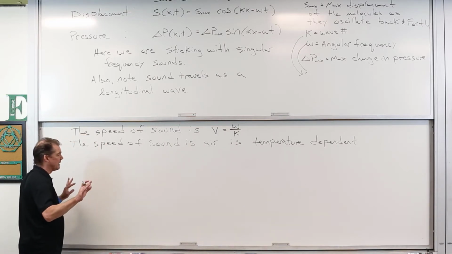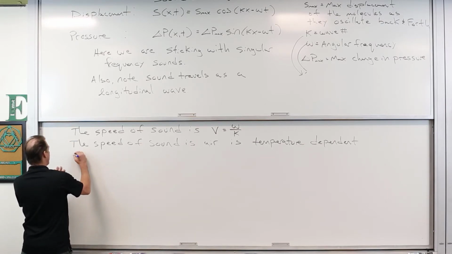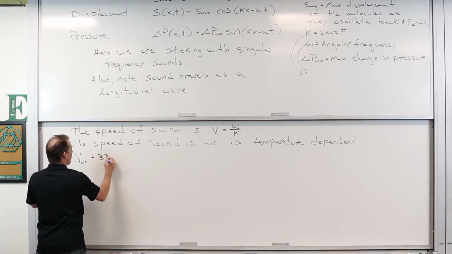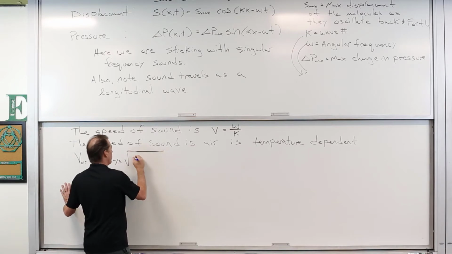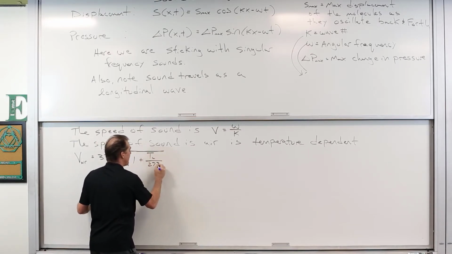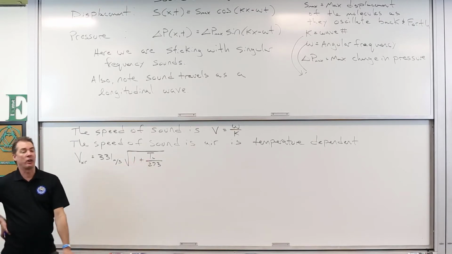We're not going to really get into that much, but note that for the speed of sound in air, we have that v sub air is equal to 331 meters per second multiplied by the square root of 1 plus T sub C divided by 273. That's a nice first order approximation for the speed of sound in air, given that we have the temperature in Celsius.